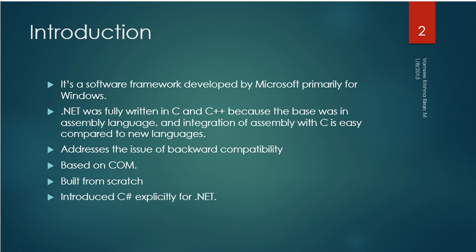Now previous to .NET, Microsoft used to have a technology called COM, which is called Component Object Model, where this component object model enables the facility that individual components that are developed can communicate between each other.